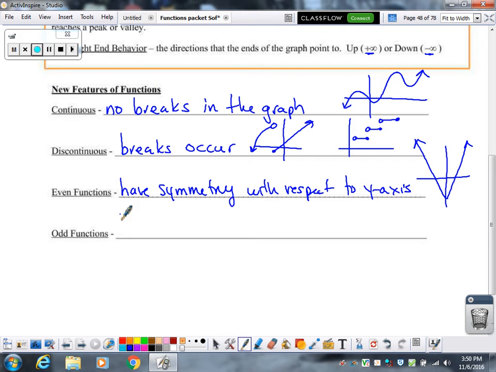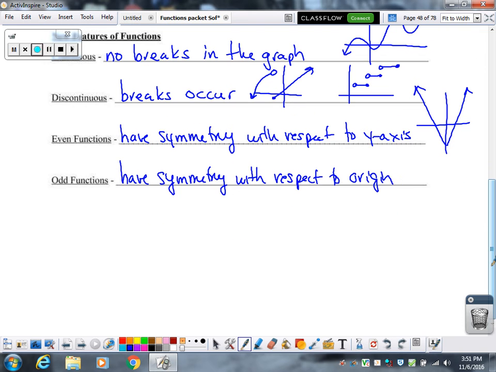Odd functions also have symmetry, but with respect to the origin. A way to remember that odd functions have symmetry with respect to origin is the fact that odd starts with the letter O and origin starts with the letter O. So origin, odd.